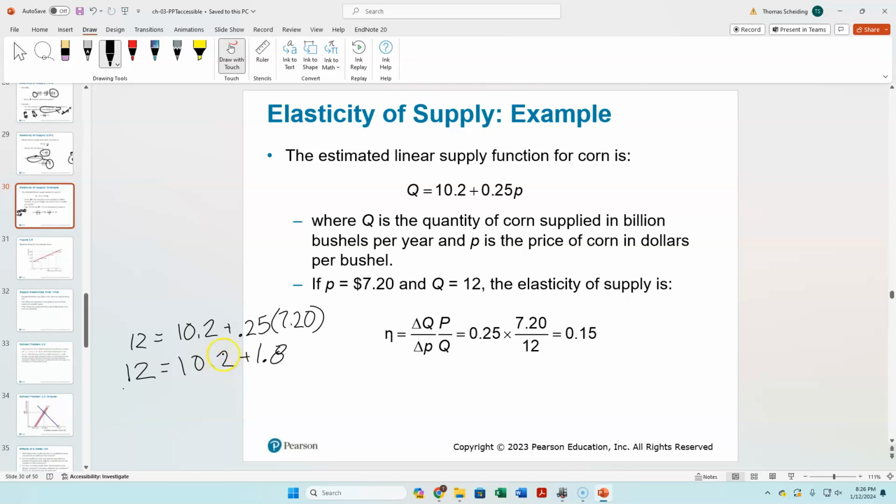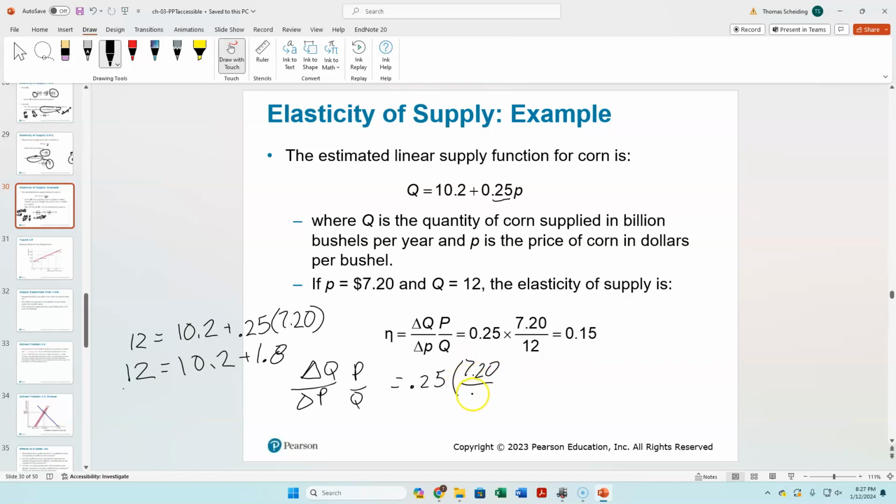So again, we can prove here that at the price of 1.8 plus 10.2 is in fact 12. So 12 equals 12. So that's all good there. But now what we need to do here is our delta Q, delta P, P over Q. So my H term here is 0.25.